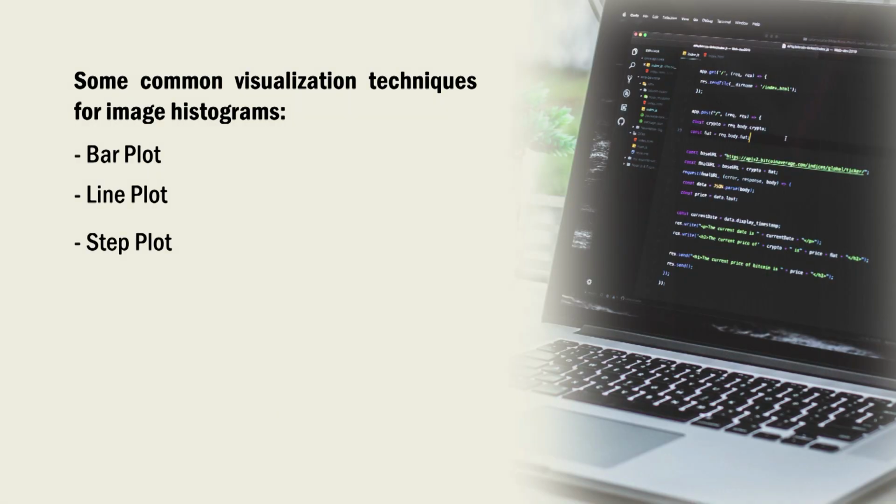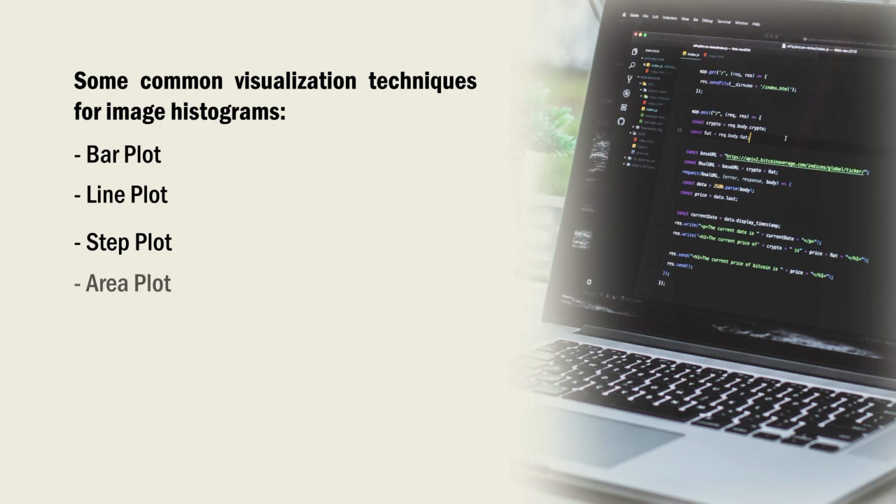Next is step plot. What does it mean? The step plot is similar to the line plot, but somewhat different. How? The plots are composed of horizontal and vertical segments, or we can say the points. We have to connect each point and we can get that plot.